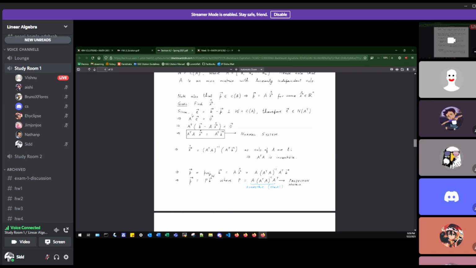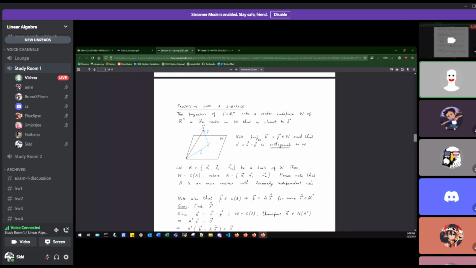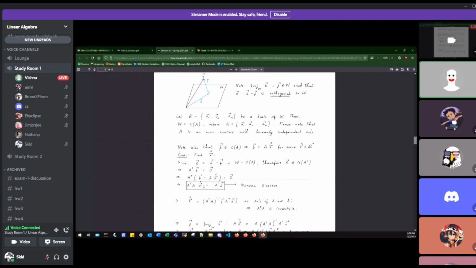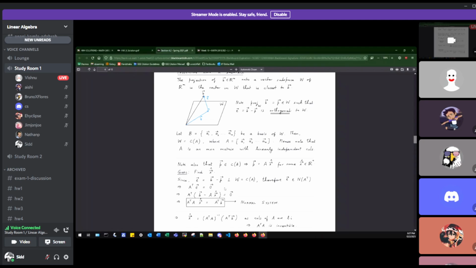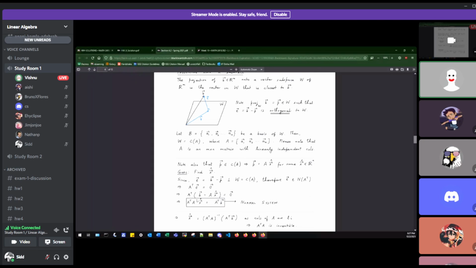So here is how you find this least squared solution P. You want to set this equation up: A transpose A x equals A transpose B. So first of all, we set up Ax equals B. If we assume there's no solution, we want to find the approximate least squared solution.